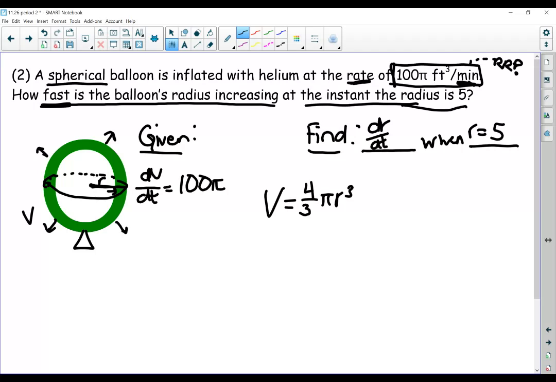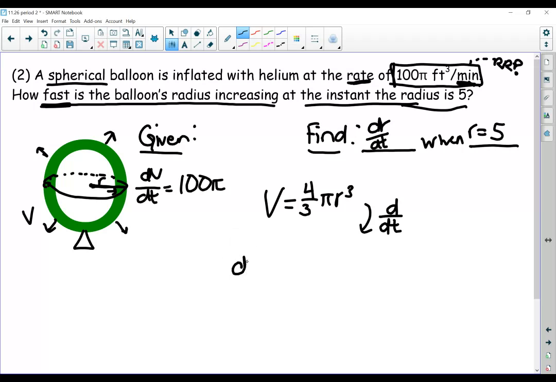Okay, now, once you do that, here's where the calculus part comes in. We have a relationship between variables. What we want is a relationship between their rates. So what I'm going to do is take the derivative with respect to time, since time is the factor in this problem. V is volume.